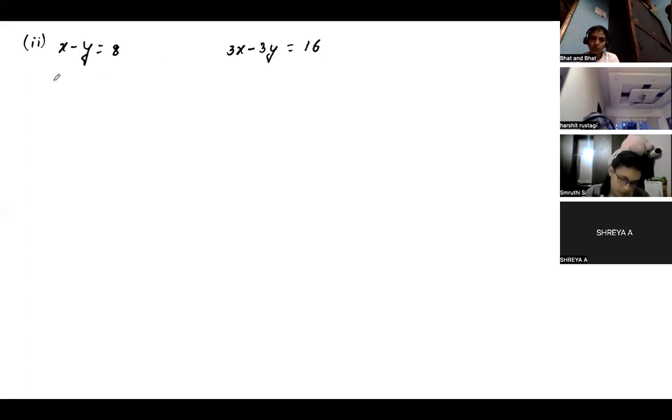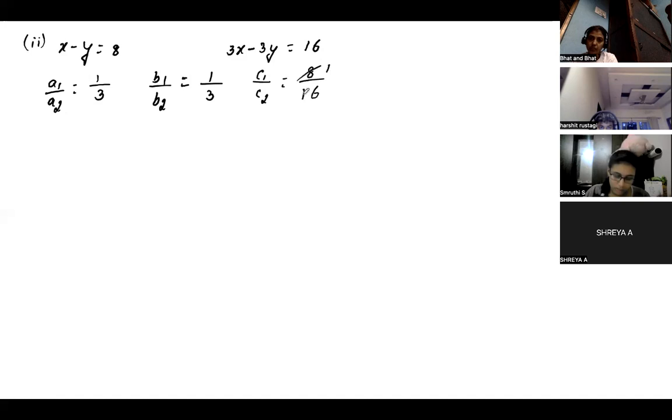Now, a1 by a2 is equal to 1 by 3. b1 by b2 is also equal to 1 by 3. Minus and minus get cancelled here, children. So we'll directly write 1 by 3. Both are equal. a1 by a2 and b1 by b2 are equal. But what about c1 by c2? They're not equal. 8 by 16 is 1 by 2 we get. Correct?